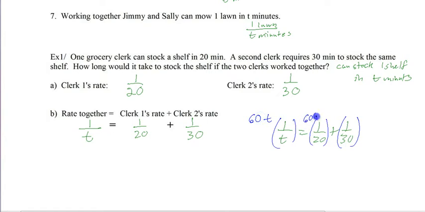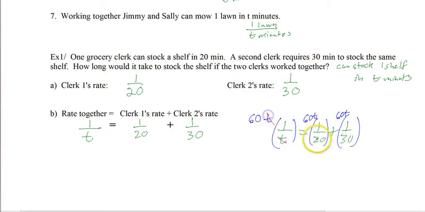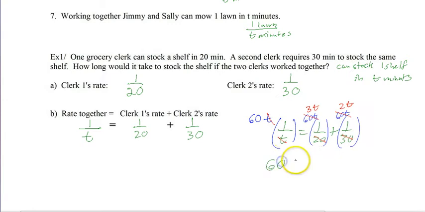So if we multiply everything by 60T, simplify. It's not 30. It's 3T. And then 2T. It gives us a nice equation. So it's 60 equals 3T plus 2T. That's 5T equals 60.